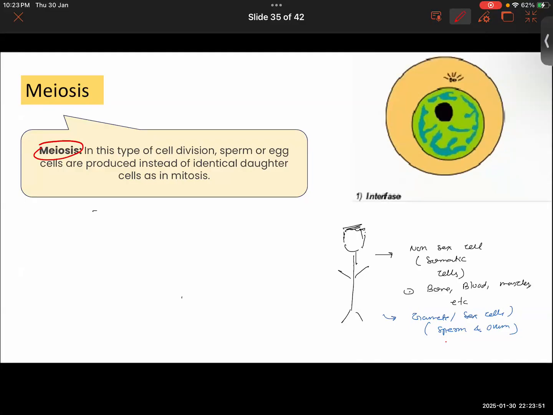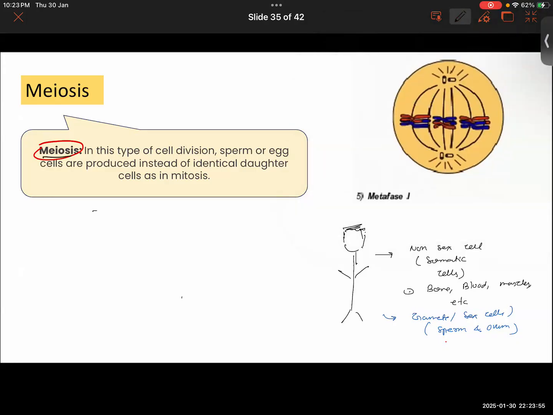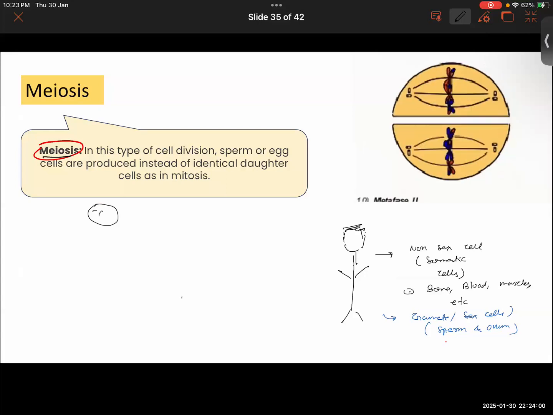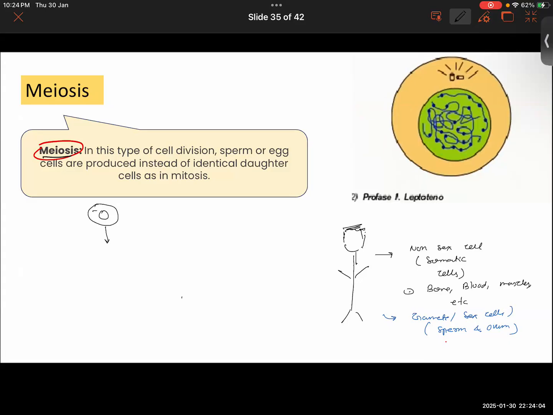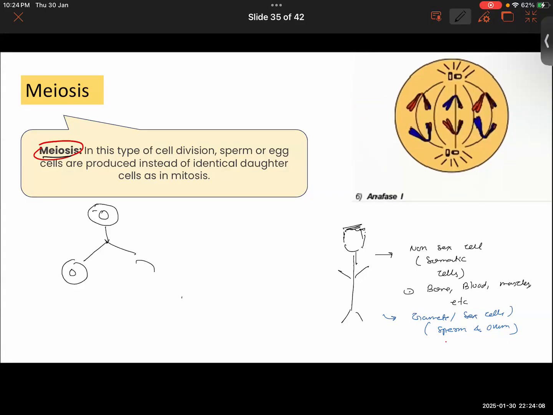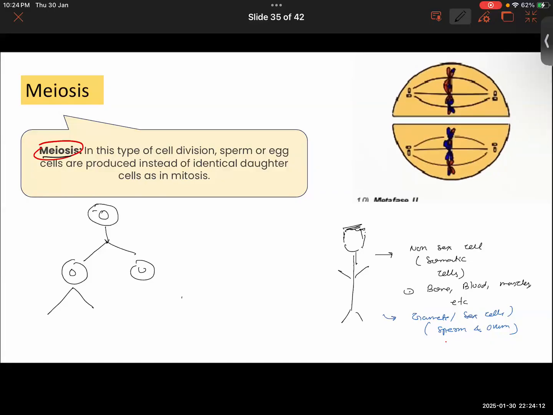See, consider any parent cell. Right now, we're talking about meiosis. This parent cell is going to split up into two cells first. These two cells will also later on split into two more cells.